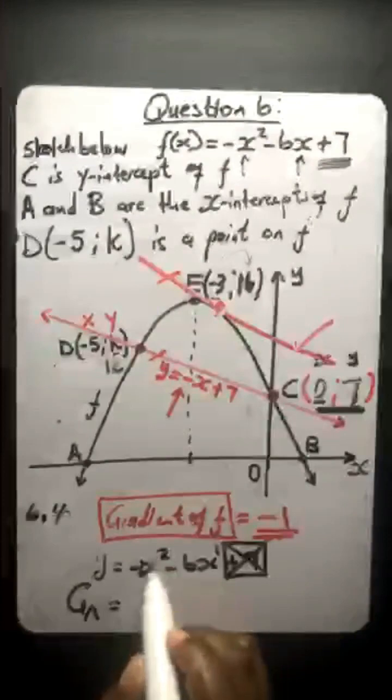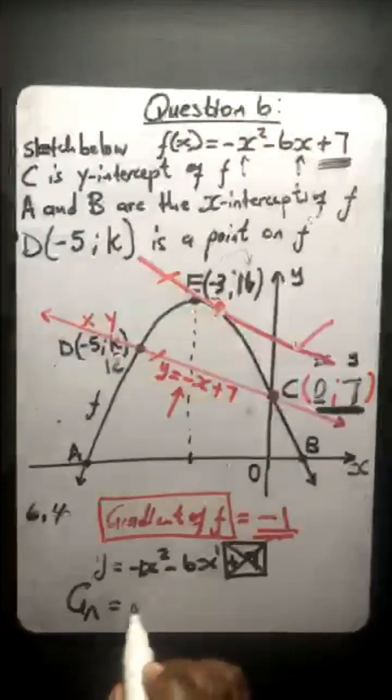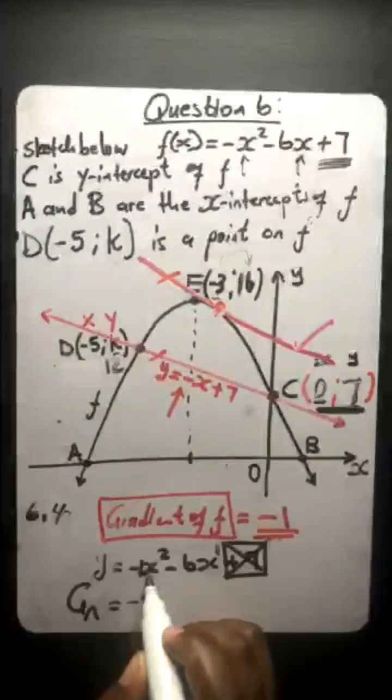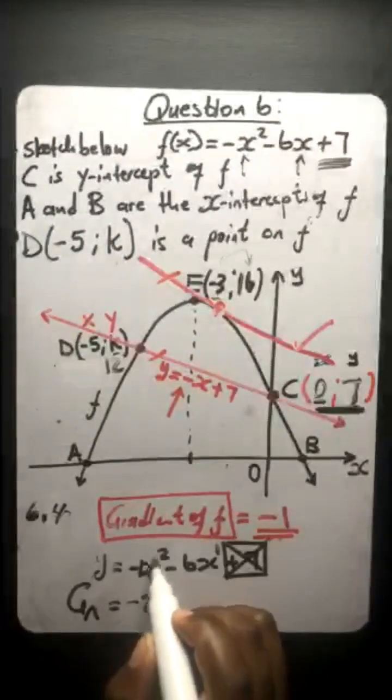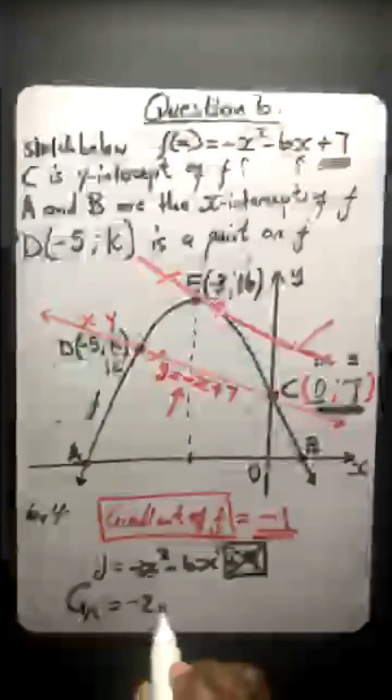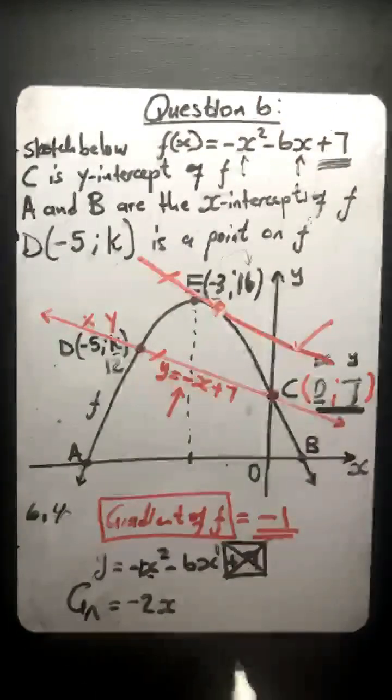So you're saying 2 times -1. What is that? Is it not -2? Then you say x, its power is that 2. That same 2, you minus it by 1. So you're going to have x to the power of 1.